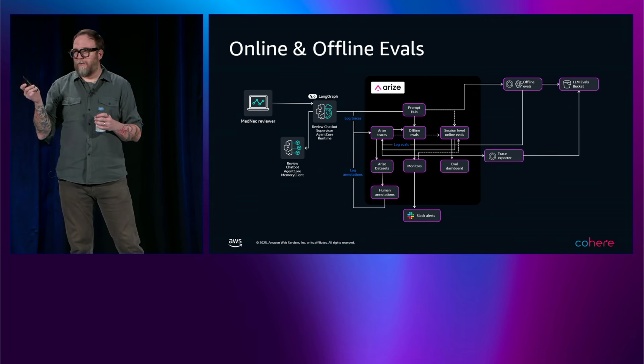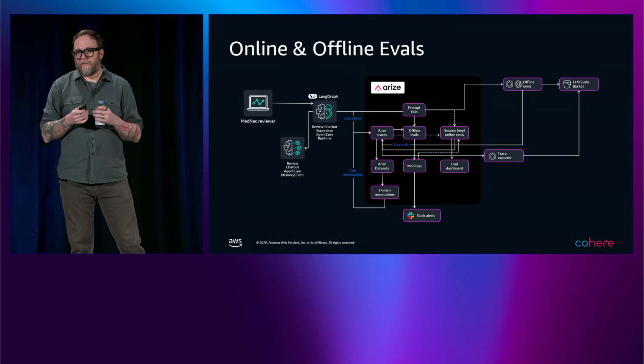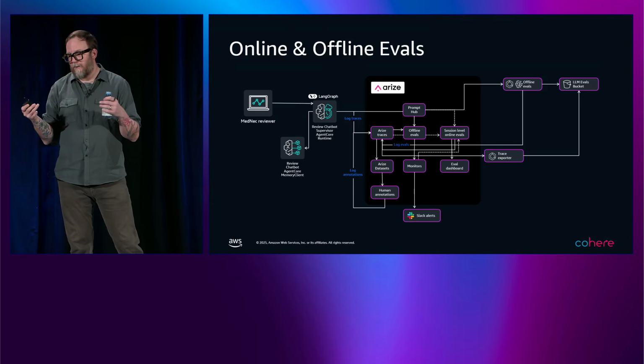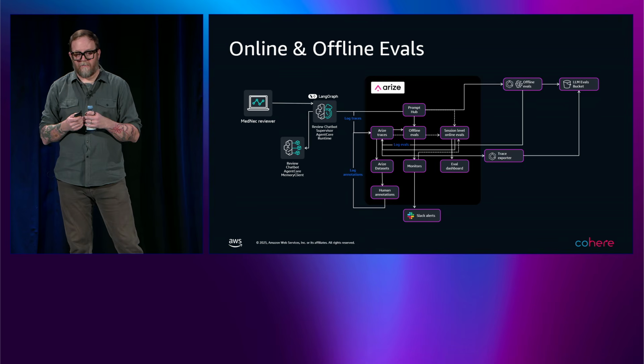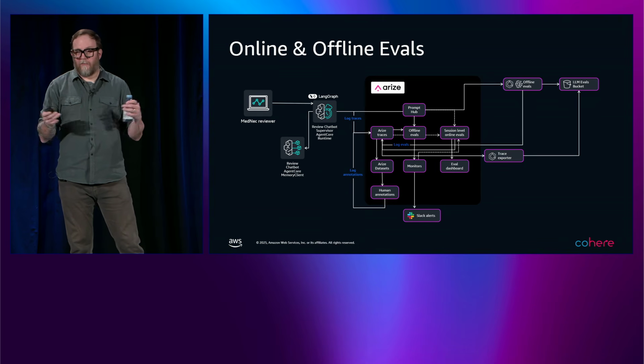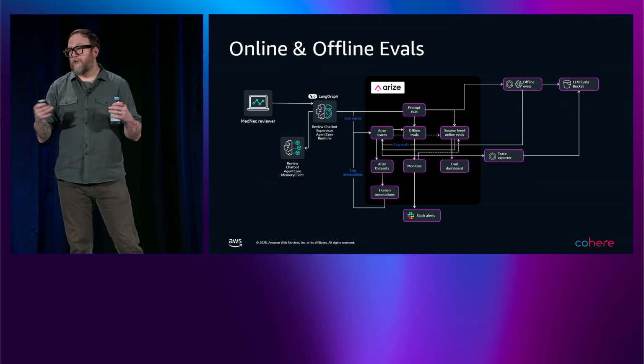That can get piped into our online evaluation. We could have an LLM as a judge there looking at things like hallucination rate. We could be looking at guardrail violations. There's a number of things that you might want to be looking at for online evals, especially if you wanted to determine if performance is changing in any way.